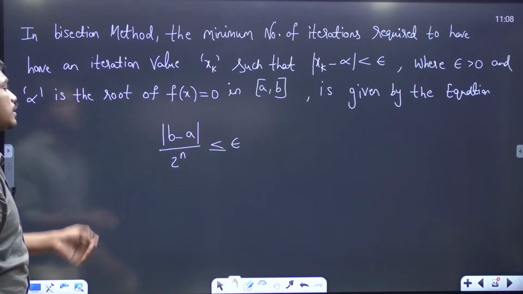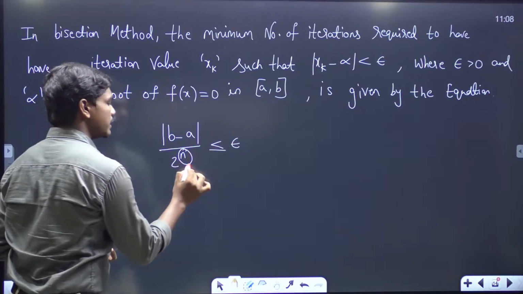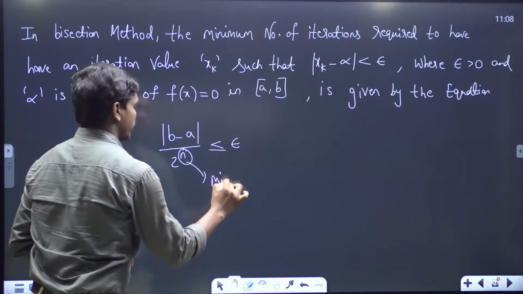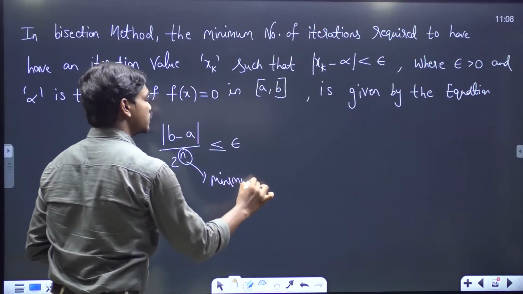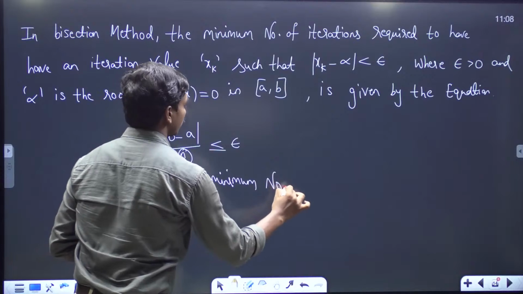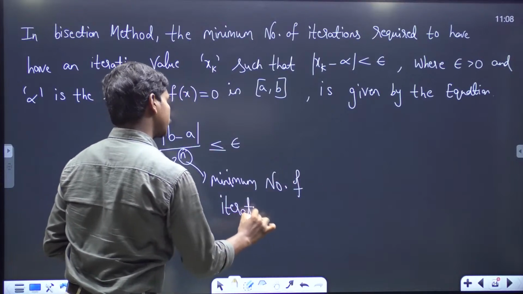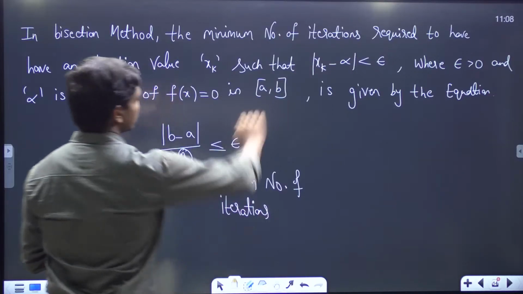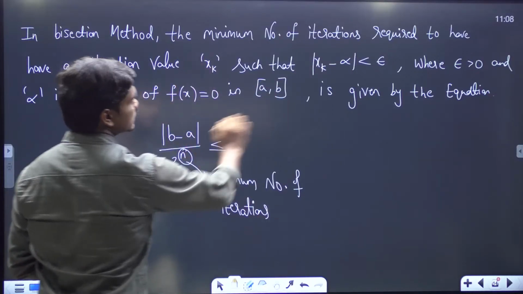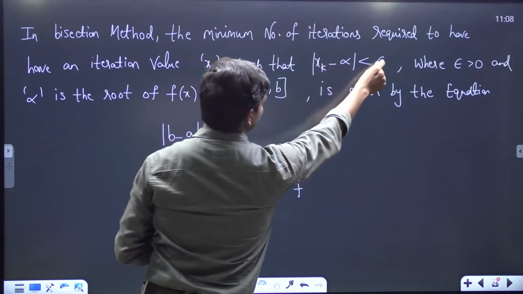So this is what n is, the minimum number of iterations you need to get this solution xk in the kth iteration, such that the difference is less than epsilon.